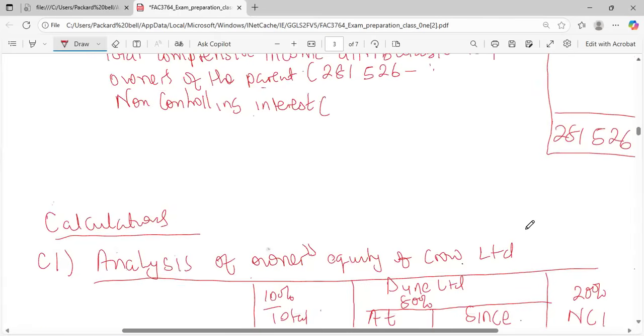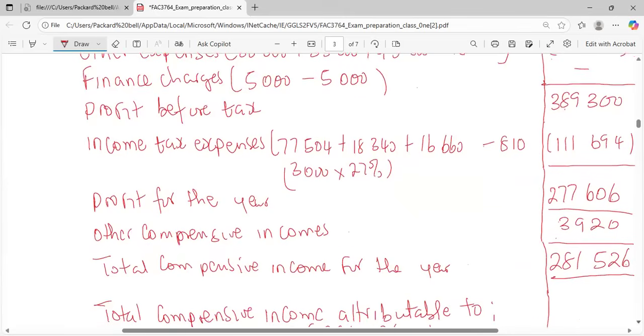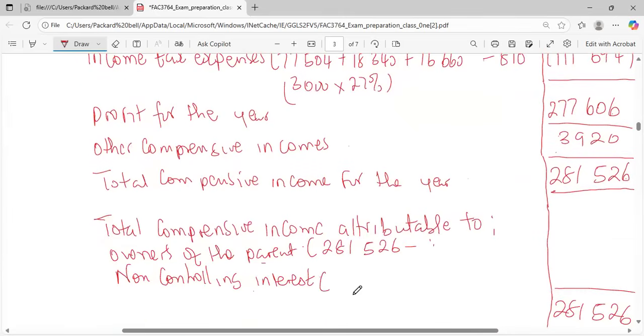So you now say 17,136 plus the other NCI, 8,994. How much are we going to have there?